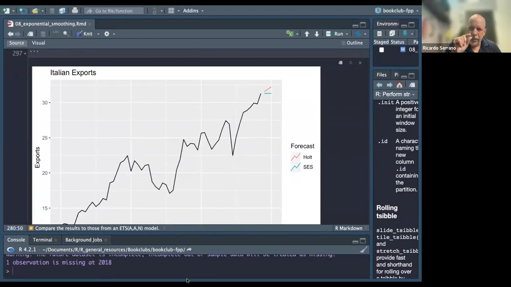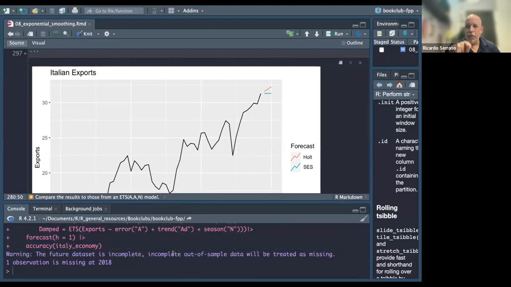Compared to the one that didn't have the trend, activated as N, it just stays flat. And we can see that the RMSE for the additive trend is a lower metric, so it's a better model for this type of time series.